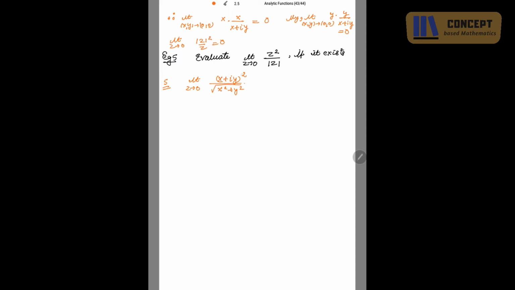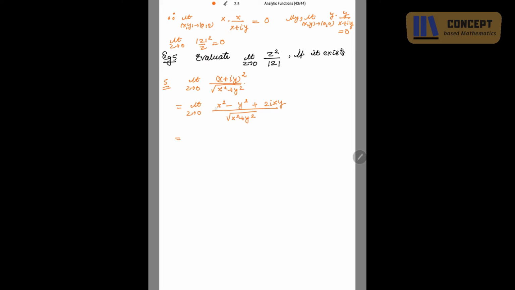Now opening the bracket, you have the formula for (a plus b) whole square. This comes out to be x square, because iota is also there, so iota square is minus 1, minus y square plus 2 iota xy, over root of x square plus y square.